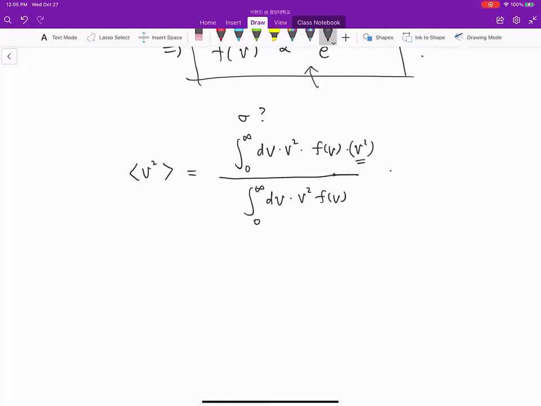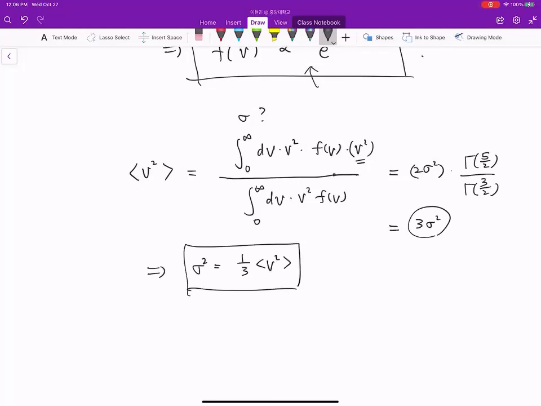In conclusion, you can show that these integrals can be written as a ratio of gamma functions, and this is 3 times sigma square. Therefore, sigma square equals 1/3 of the velocity dispersion.